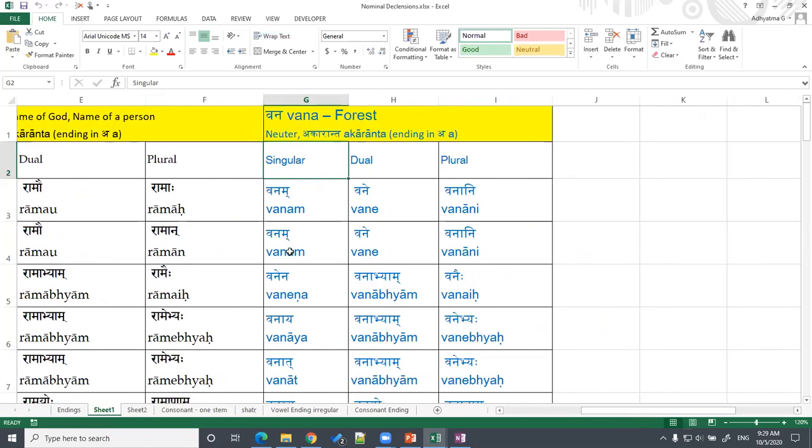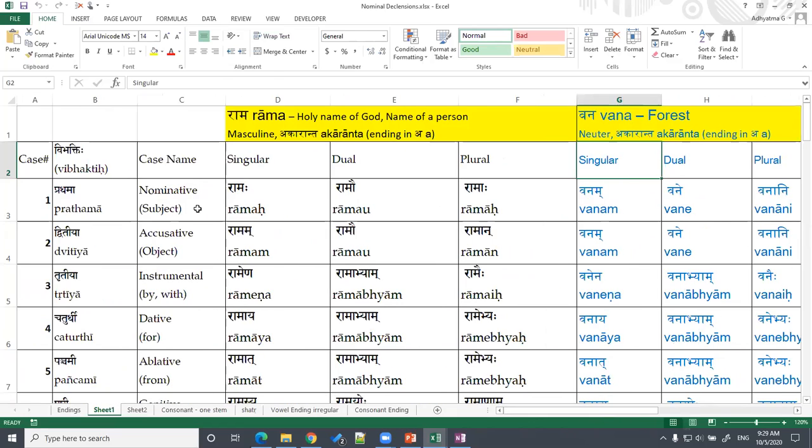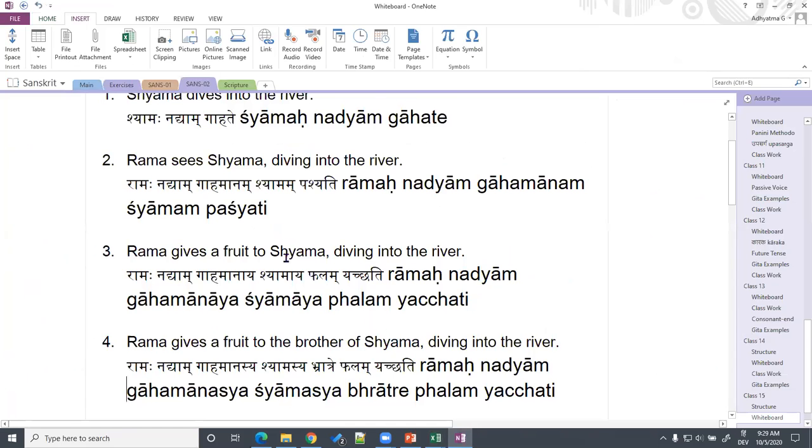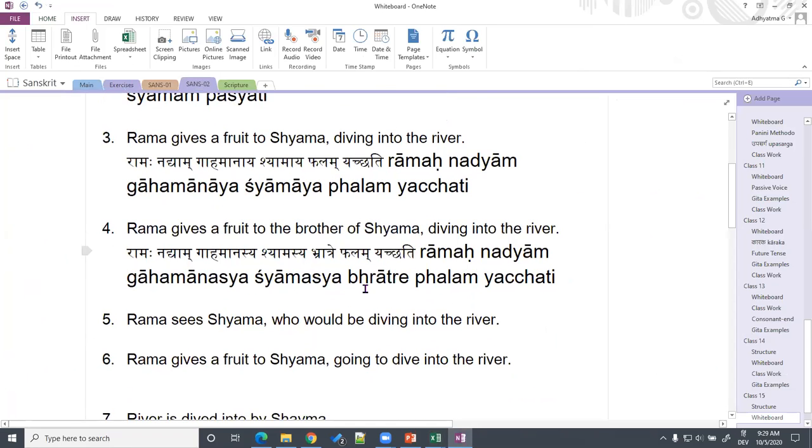So you will decline like this, gahamanam, gahamane, like that. So no difference, except that the gender would be neuter, and then you will use the neuter declensions. So far good. Based upon your questions, it seems like you are understanding fine.